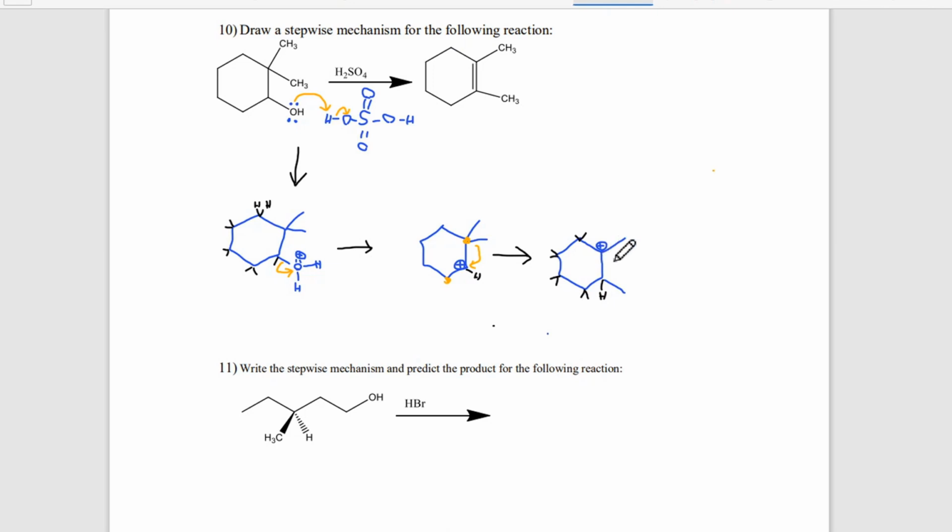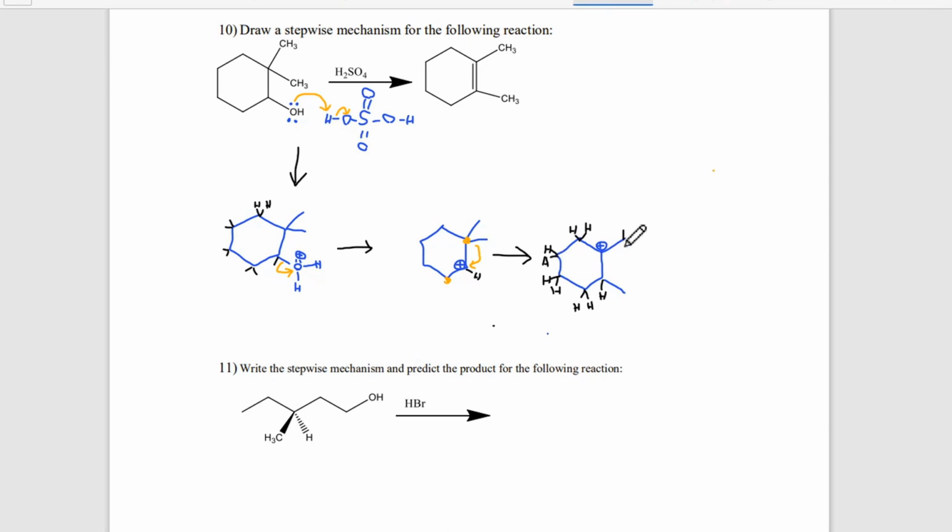So there's your carbocation. And it's important for me to actually draw these hydrogens now because I've shifted the location of my carbocation, giving me different beta hydrogen positions.